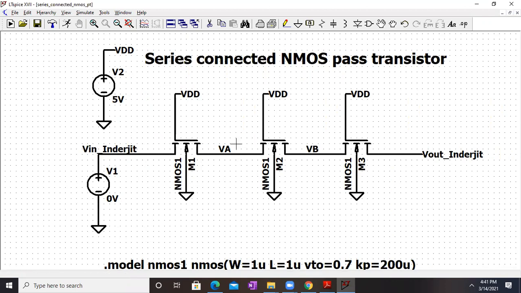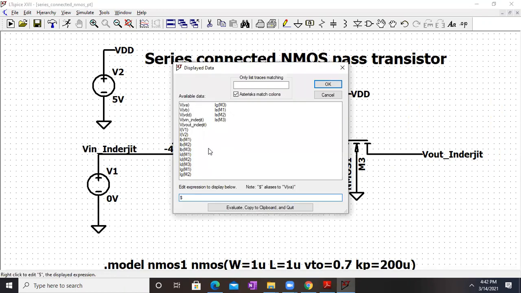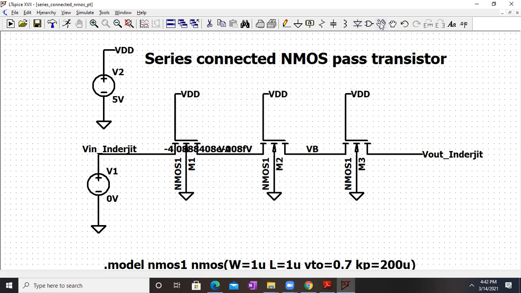Come near the node and rename it as VB and VA, and label this as Vout. I'm placing my cursor over here and it will give some value. I right click on that value and select VA. Once I select VA, even if I move that value away from the node, it will remain the same.